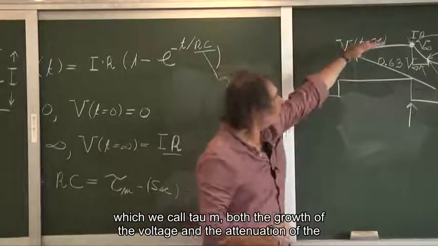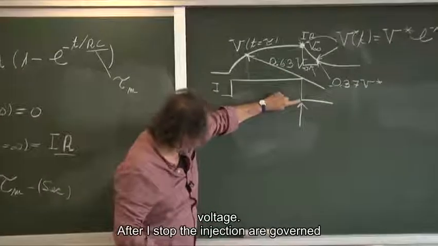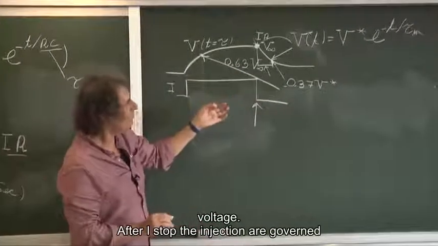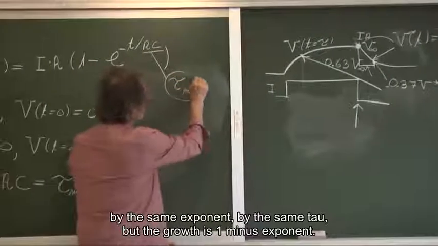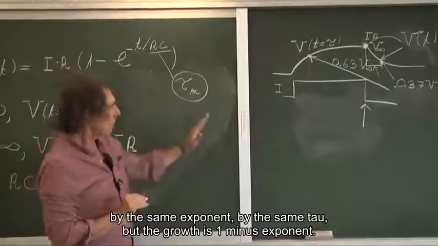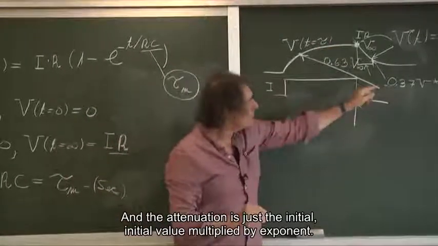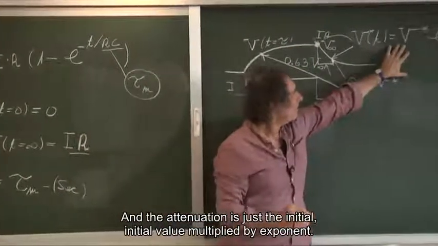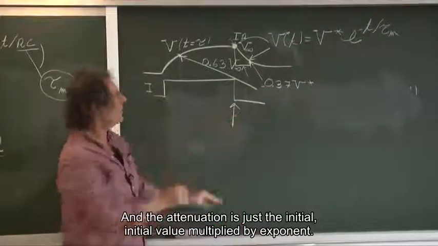Both the growth of the voltage and the attenuation of the voltage after I stop the injection are governed by the same exponent, by the same tau. But the growth is 1 minus exponent, and the attenuation is just the initial value multiplied by exponent.